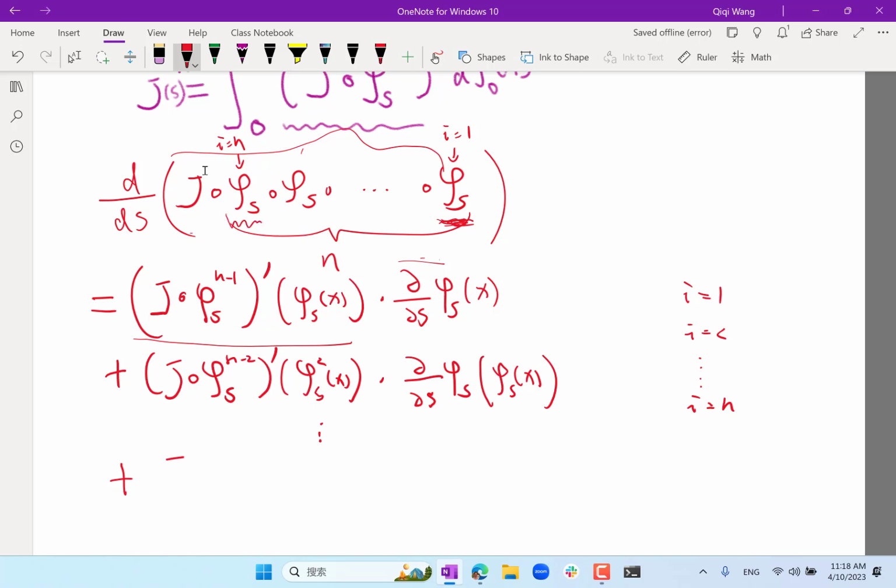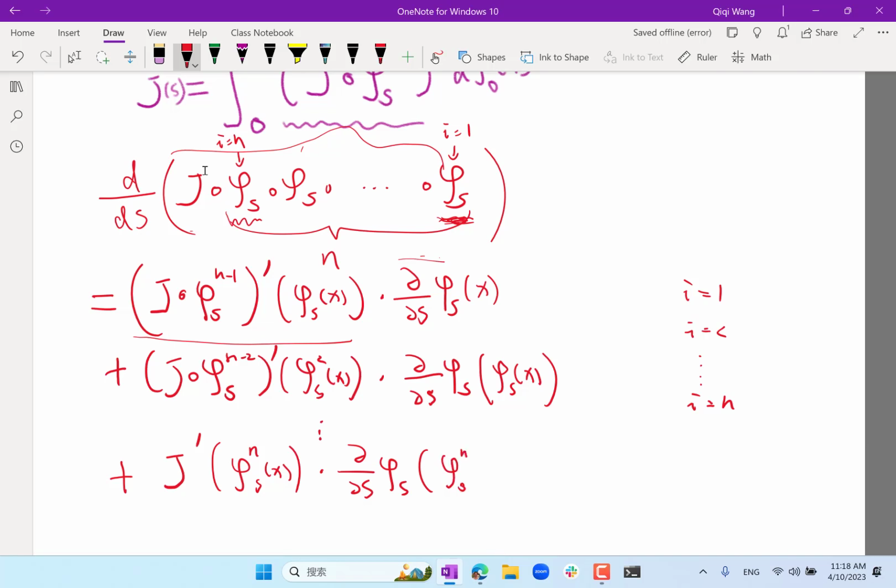So that's just the j derivative, evaluated at phi to the nth power x, and then times the perturbing function, the nth function in the chain, but evaluated at vs n minus 1 x. So this is basically applying the chain rule to a compound function with n plus 1 functions compounded with each other, and n of these functions depend on s.